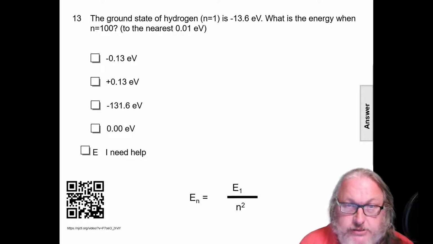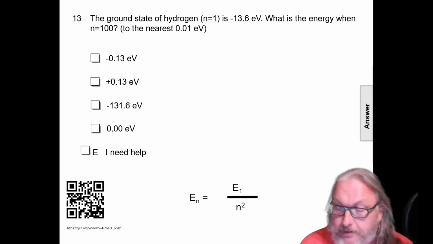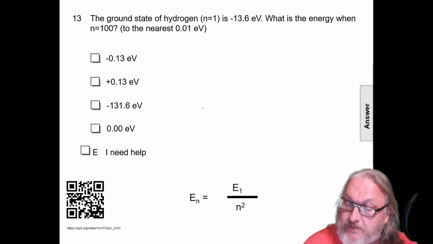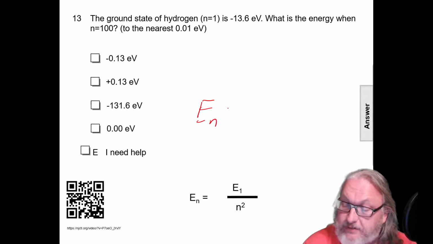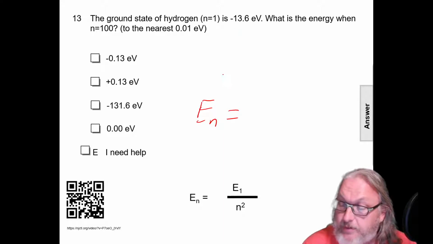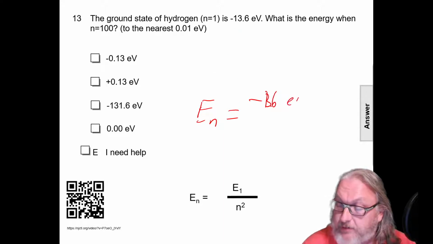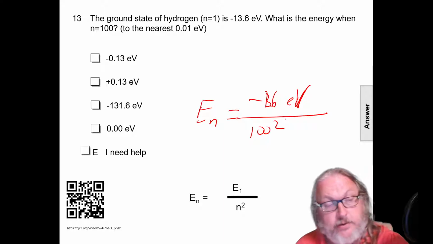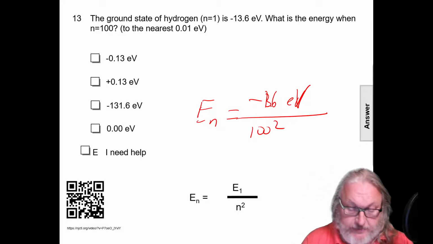All right, here we go. The ground state of hydrogen is, again, minus 13.6 electron volts. So let's find the energy at that level. Minus 13.6 electron volts over 100 squared, so we're looking at the 100th energy level.